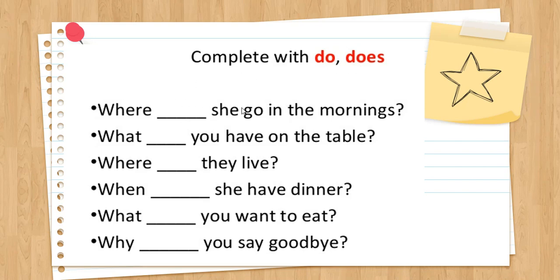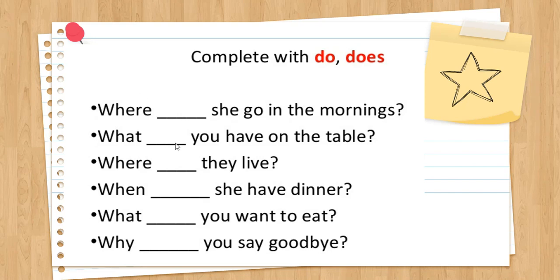Where does she go in the mornings? Because when you use where, you are asking for a location, you are asking for a place. The answer could be she goes to the park or she goes to school.